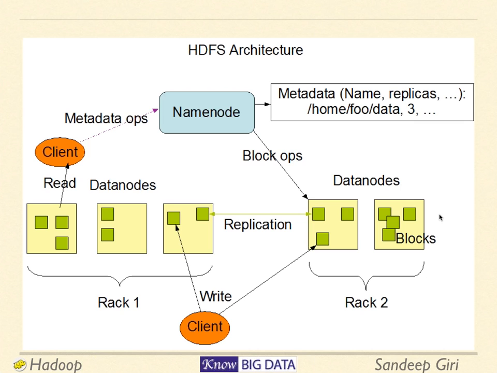Whenever you ask the name node, hey, I want to store this file, it tells you back that these data nodes are available to store your file, and it also tells you that block one has to be stored on these three machines, because we have a replication factor of three, and block two needs to be stored at these. This division is done by your HDFS client library.